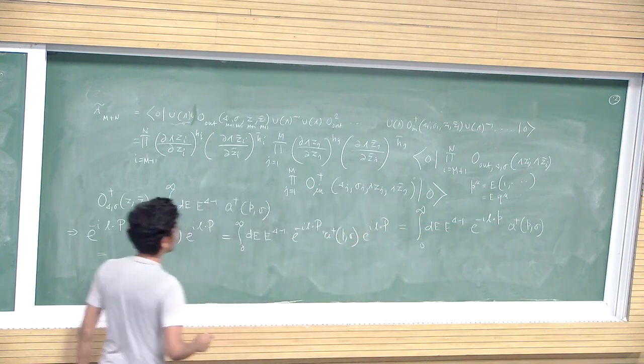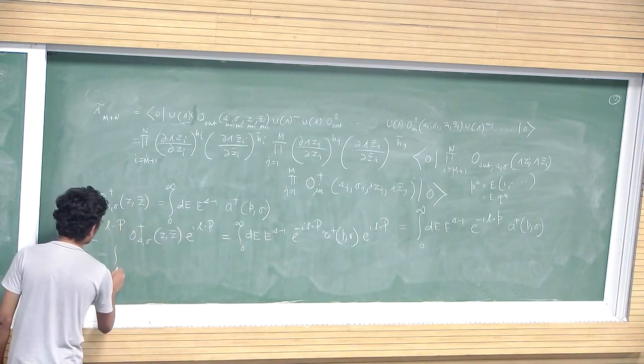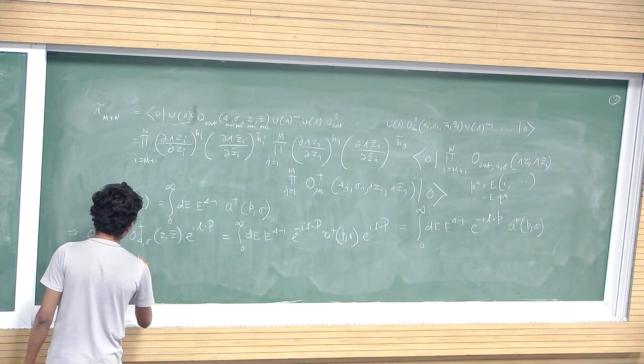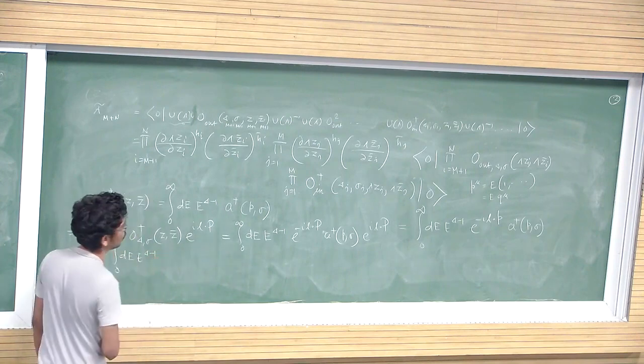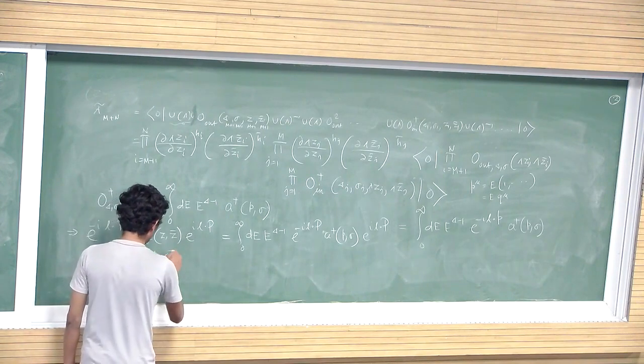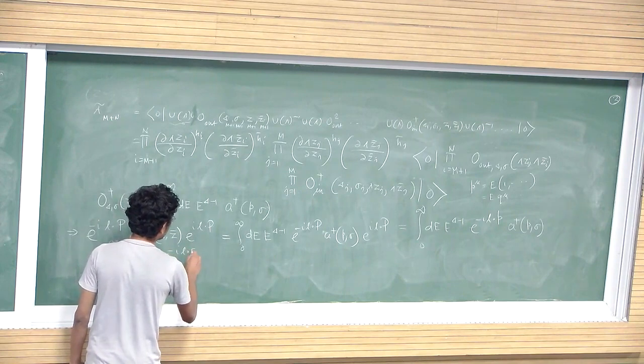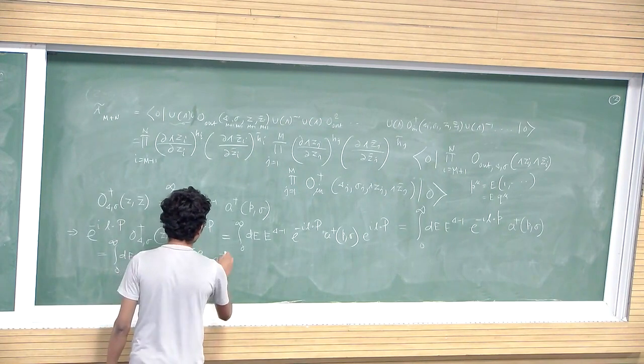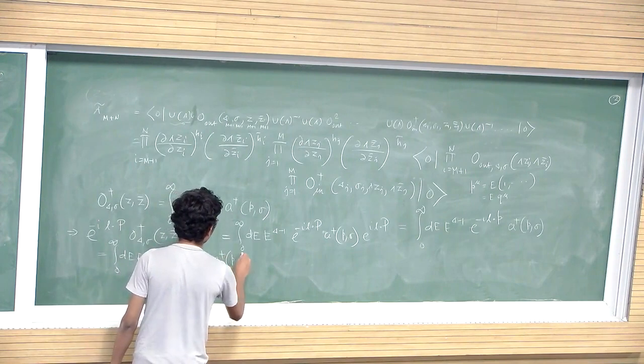So then this thing will look like 0 to infinity dE e to the delta minus 1, and then e to the minus I L dot e q, and then this A dagger p comma sigma.